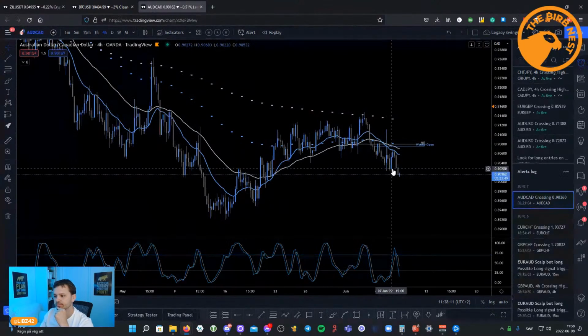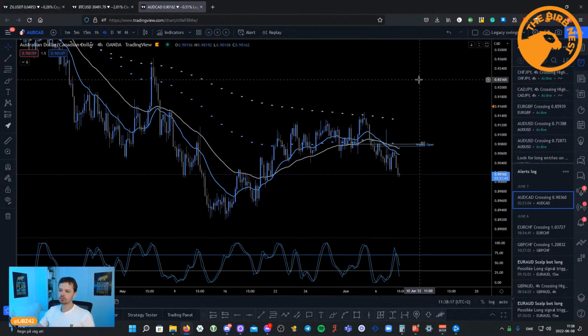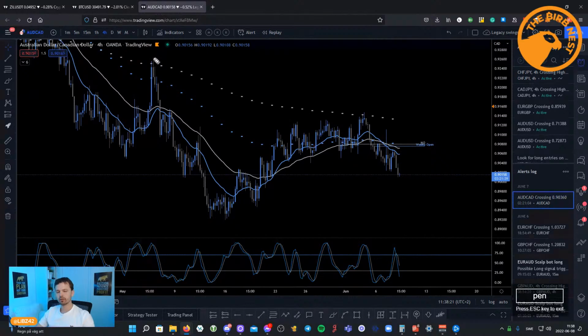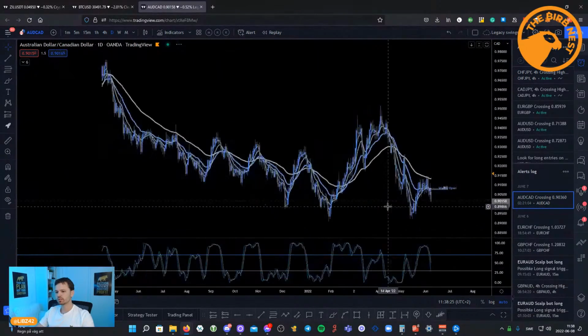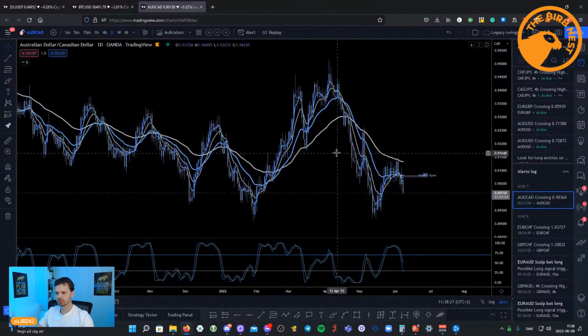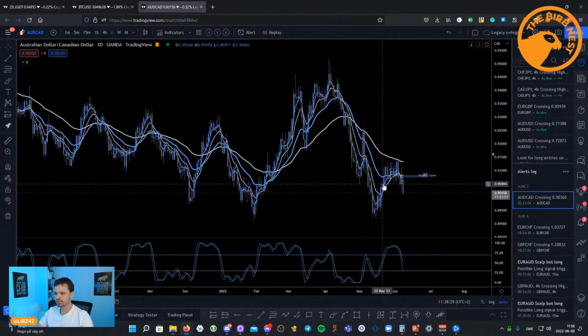AUD CAD. So, the first thing that comes to mind here is that we're in a major downtrend, a very high time frame range, but we're in a major downtrend here. We tried to break that downtrend but failed.